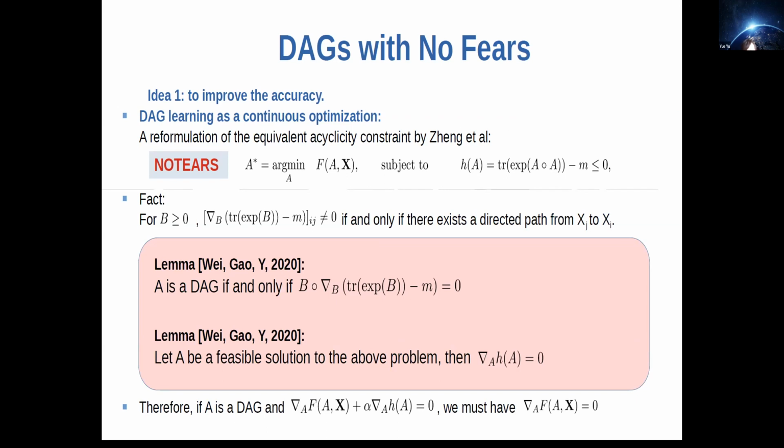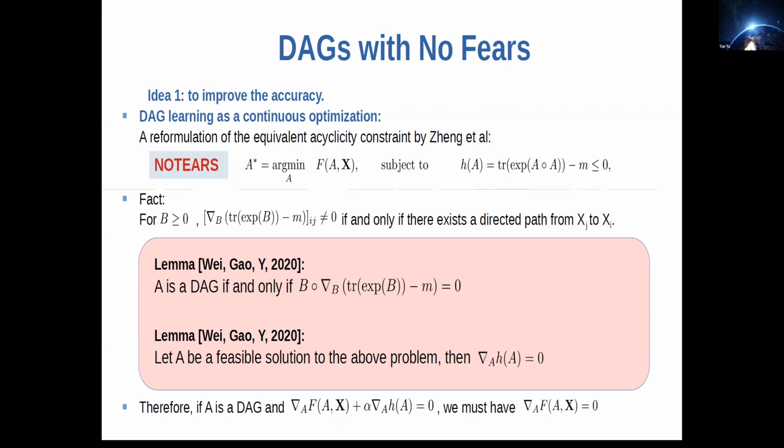To see why it went wrong, we can look at the following. B is a positive weighted adjacency matrix, and if we take the gradient of the DAG constraint h with respect to B, the ij entry is non-zero if and only if there exists a directed path from node J to node I. That means if A is a DAG, then if there is a directed path from node J to node I, there shouldn't be any edge from node I to node J, and vice versa.